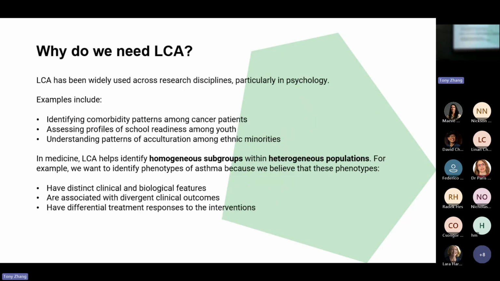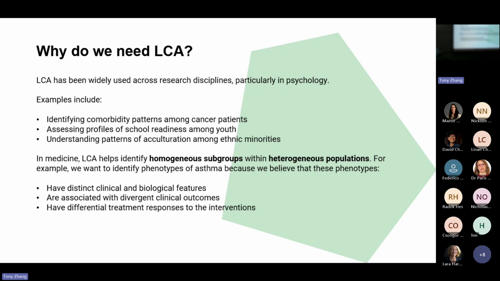Why do we need latent class analysis? The method has been used extensively in psychology over the last 15 to 20 years, and over the last 10 years it has been introduced to medicine, especially medical and oncology research. In medicine, it can help us identify homogeneous subgroups within heterogeneous populations.